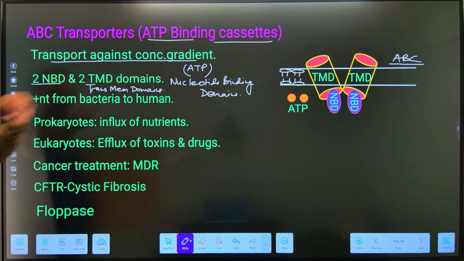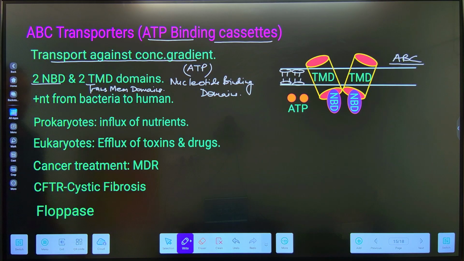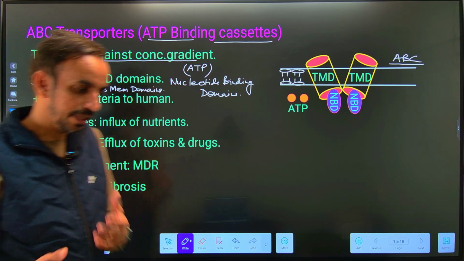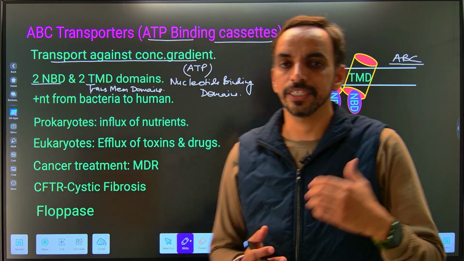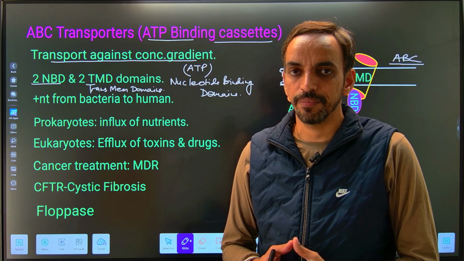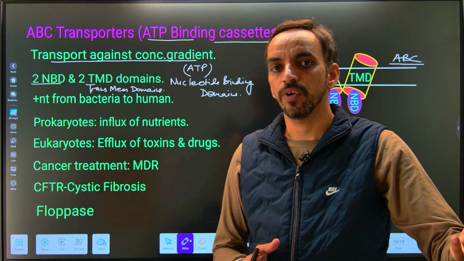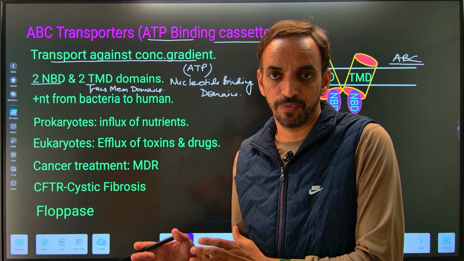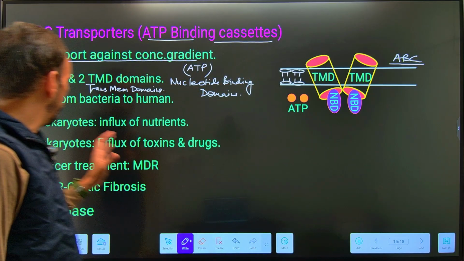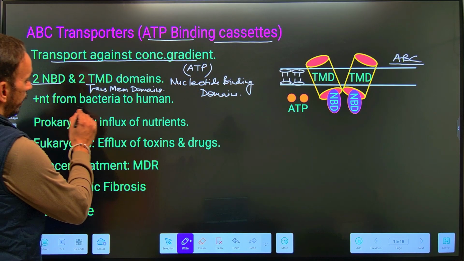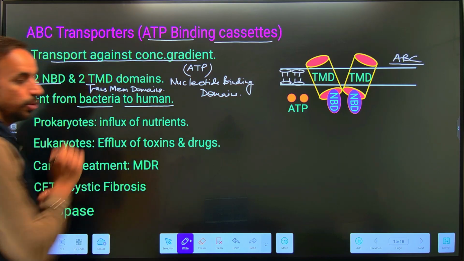Now this ABC transporter family is the most ancient type of family, which occurs in the most primitive life forms as well as in the most advanced life forms. Means they are present in both bacteria as well as in humans.